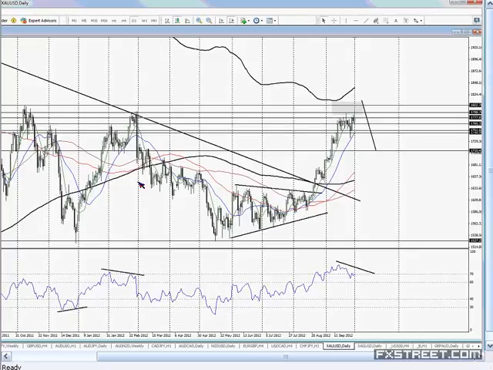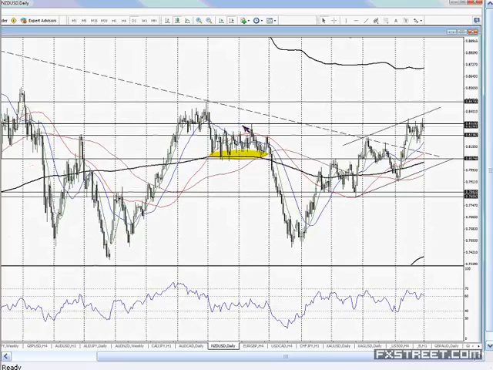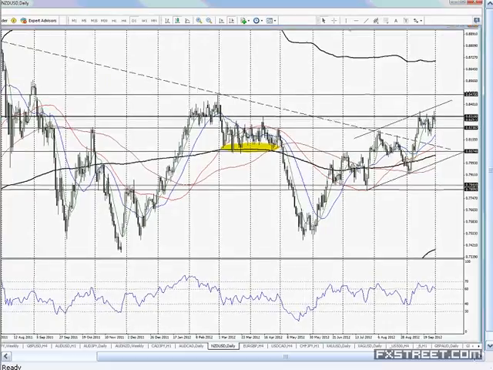All right, so let's take a look at Kiwi, New Zealand dollar. Kiwi has been resilient, has been stronger than the other majors. Okay, it's been able to break above a declining trend line going all the way back to July of 2011 here. So that's a major break.